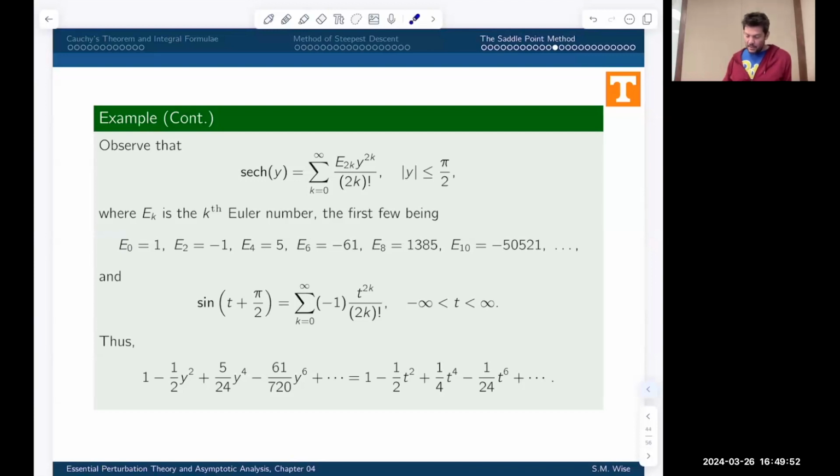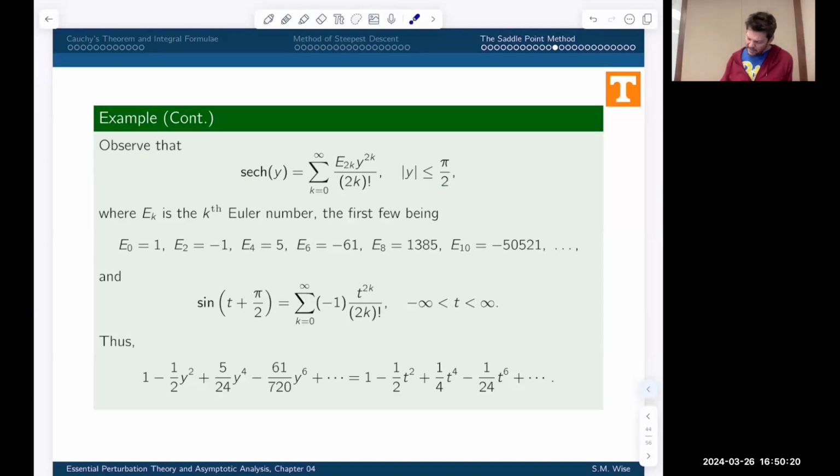The sine of t plus pi over 2, I'm going to expand around the point t equals 0. So in Maclaurin expansion, same here, right? Around y equals 0. By the way, this power series expansion of hyperbolic secant in terms of y has a radius of convergence of only y between -pi over 2 and +pi over 2.